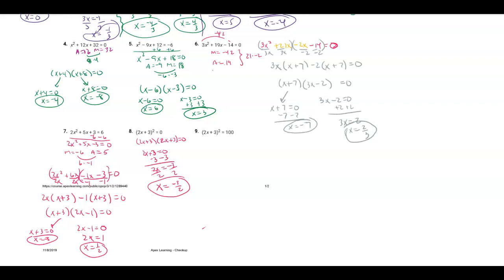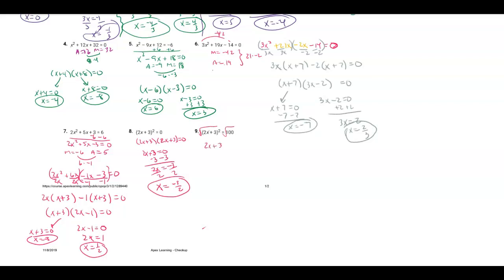The next problem is very similar, but if you look at this, it's not as straightforward because it's equal to 100. What they really want you to do here is multiply this out and then go from there by subtracting 100 and so on. Anytime you have an exponent 2, I always say take the square root of both sides.